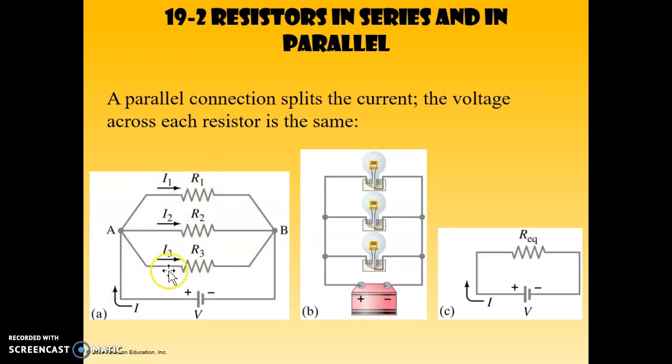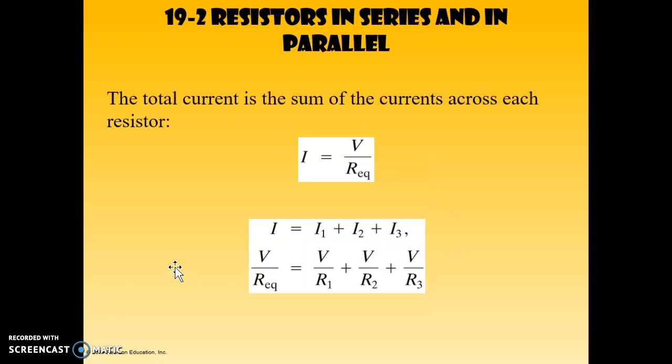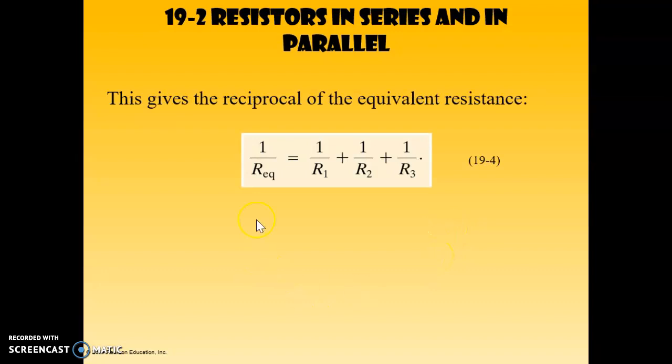So if I know that the total current splits into these three currents, I can go over here. Total current is these three currents, and I know that the current is V over R, right? Ohm's law. The voltage is the same for all these things. So that tells me that 1 over the equivalent resistance is the sum of the reciprocal of each resistance.